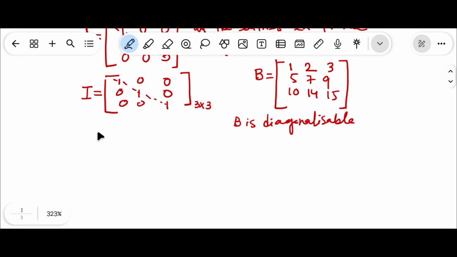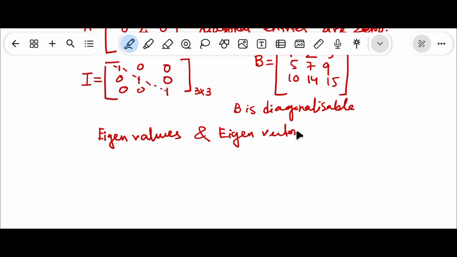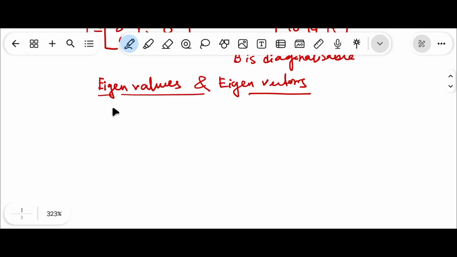So, let us talk about now the terms we need for diagonalization, that are eigenvalues and eigenvectors. See students, suppose we have a matrix A and a vector alpha.